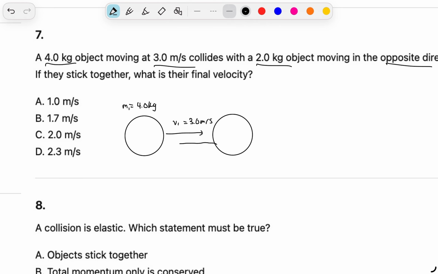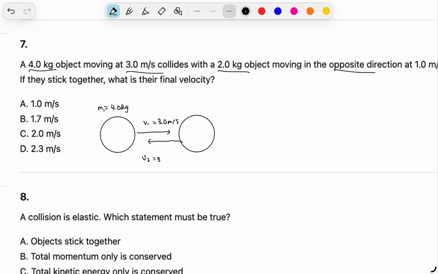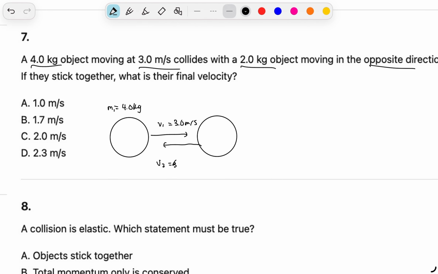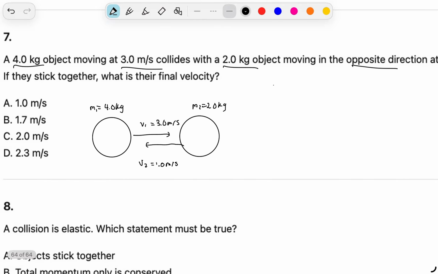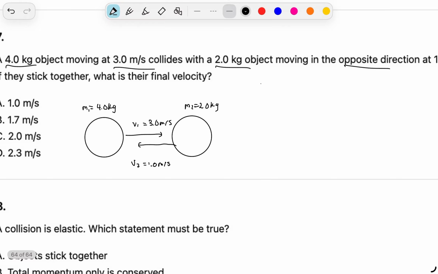And then this object is going to be moving at a velocity that is in the opposite direction at 1 meters per second. We can use conservation of momentum because all collisions have conservation of momentum.